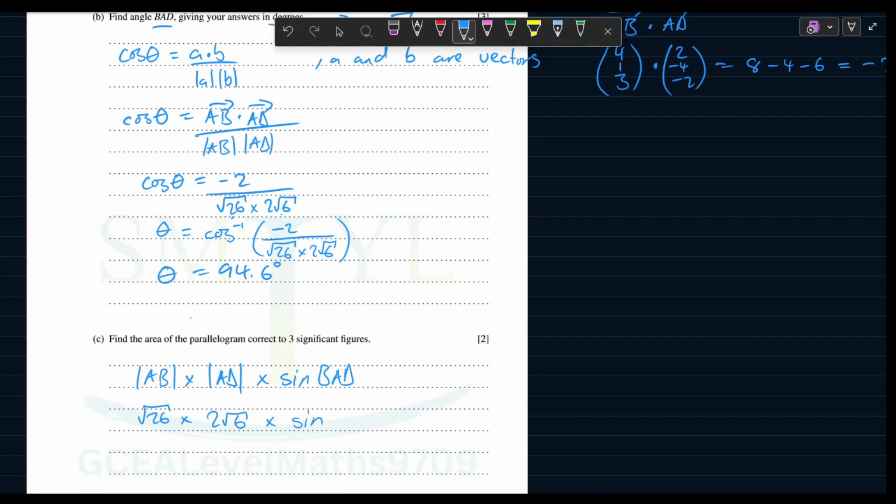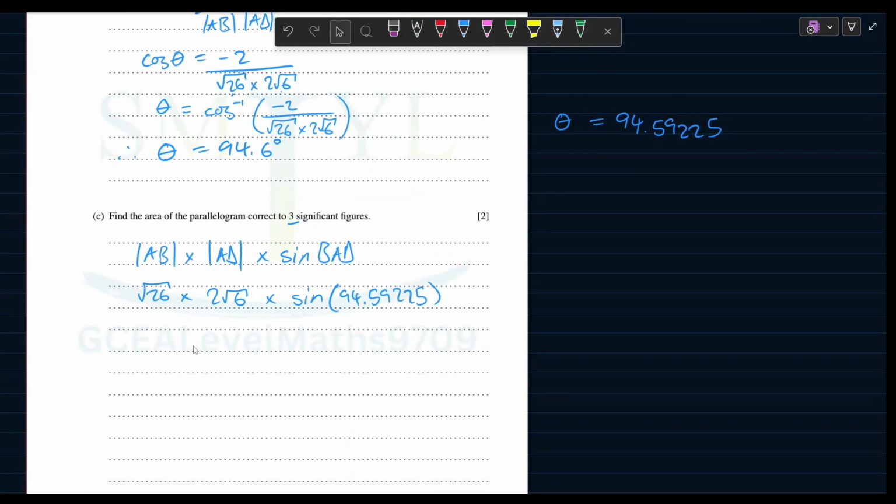For the angle, I'm just going to rewrite it with more decimal places so that we don't get rounding errors when we substitute here: 94.59225. If your final answer should be to 3 significant figures, make sure that you're either working with exact values in your calculation, or that you're always working with more than 3 significant figures in your calculation.